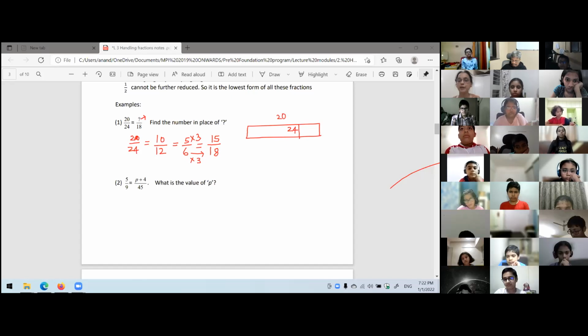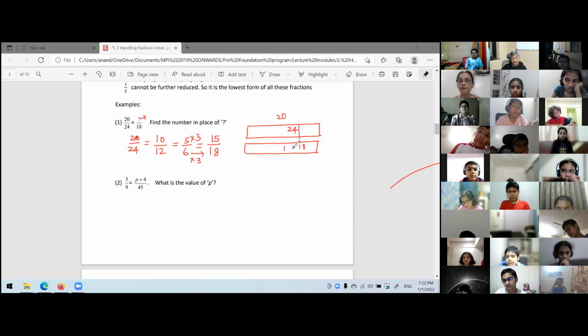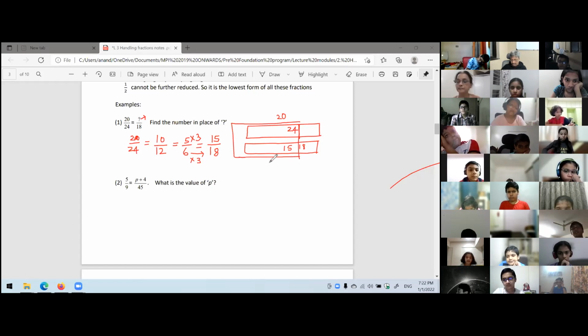Then take a paper strip of the same length, make 18 equal parts of it and take 15 and check whether these two lengths are coming same. Will that prove that 20 upon 24 is 15 upon 18? So you can do live models and consolidate, make your understanding concrete. Okay, so this was one way of finding the answer.